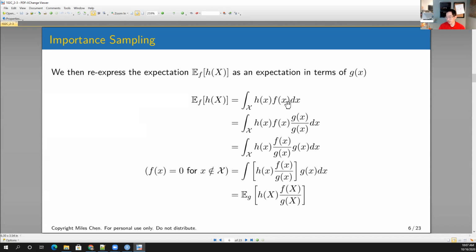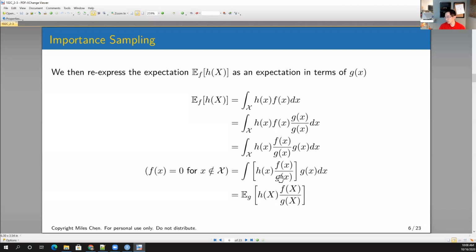Effectively what I'm doing is multiplying this by g of x over g of x and rearranging terms. So now I have h of x times f of x divided by g of x, multiplied by g of x. And here I can create a bracket.